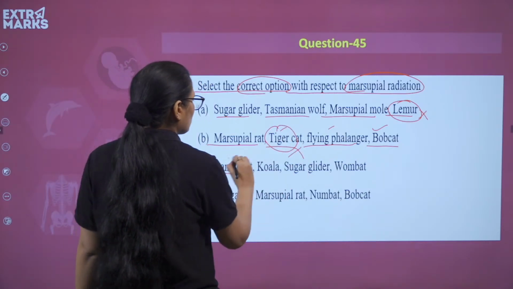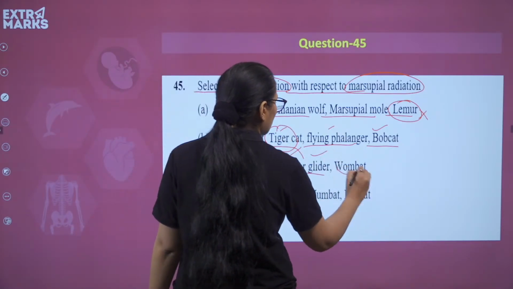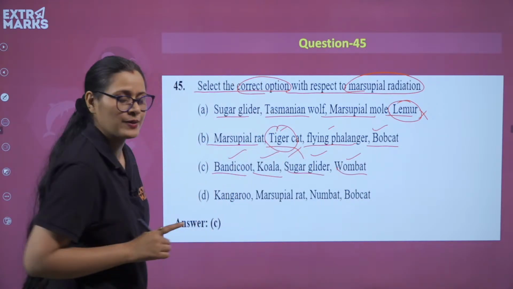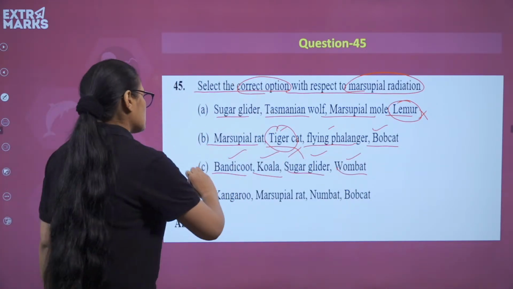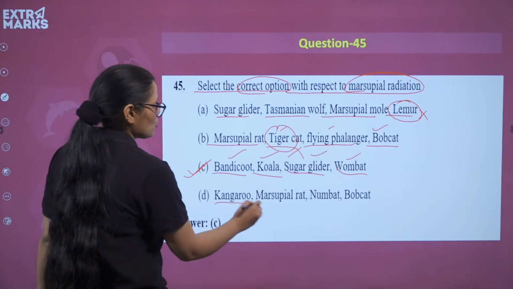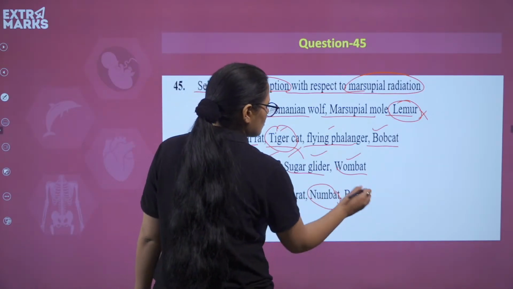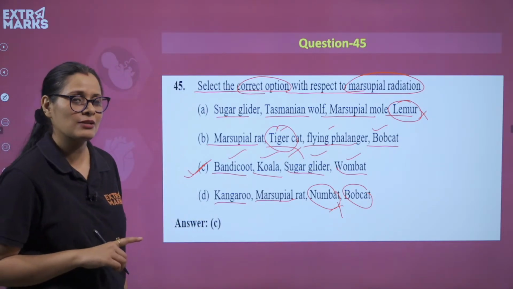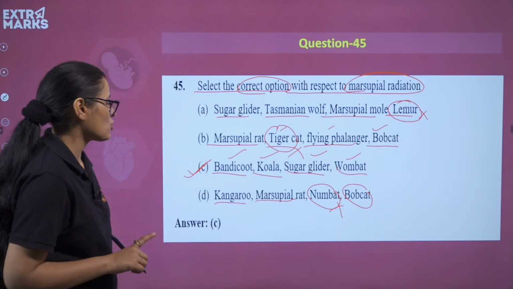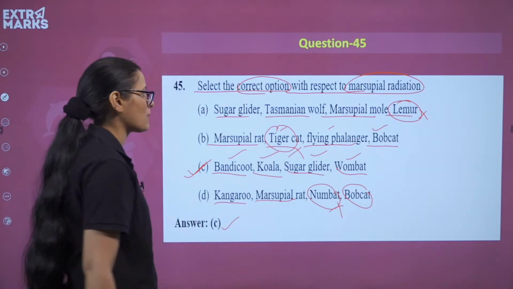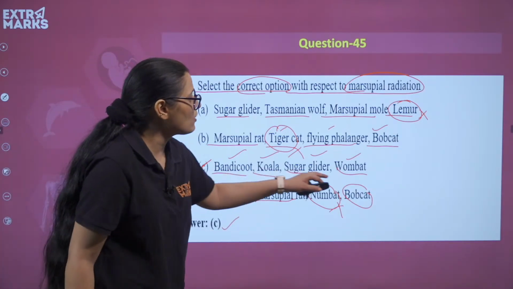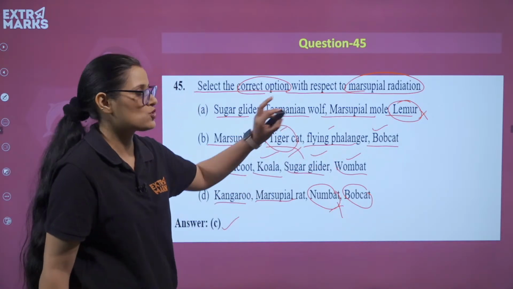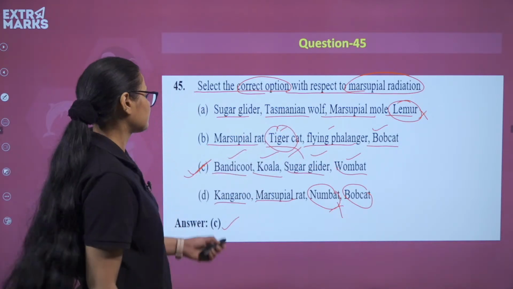Then bandicoot, koala, sugar glider and wombat all are your Australian marsupials, so this is the correct answer. Kangaroo, marsupial rat, numbat, is not marsupial radiation, it's a placental mammal, so this option is also incorrect. So the correct answer is option C, that involves all the Australian marsupials, that shows marsupial radiation.